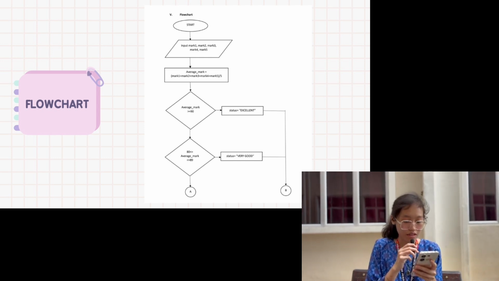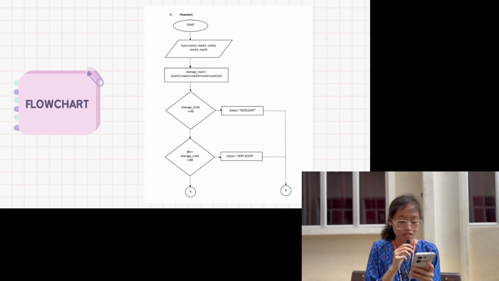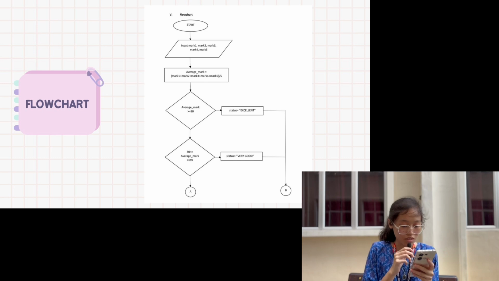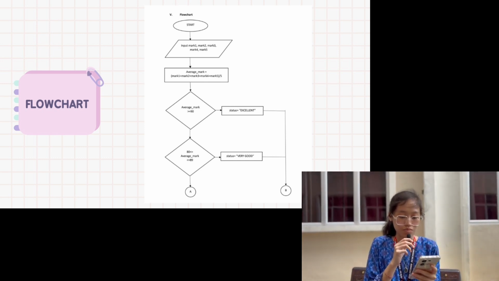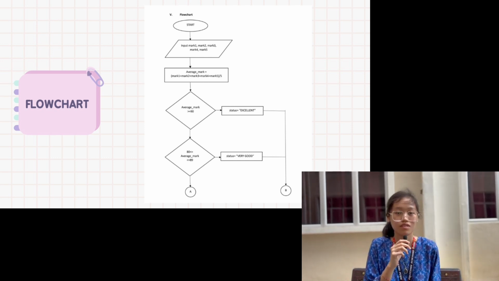Then if average mark is bigger or equal to 90, status equals excellent. If not, 80 less than or equal to average mark less than or equal to 89, then status equals very good.